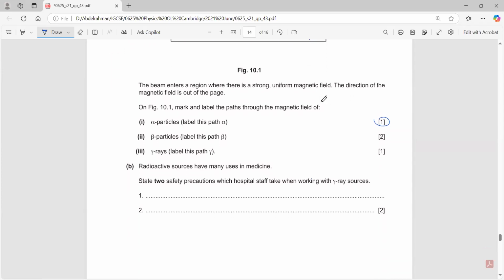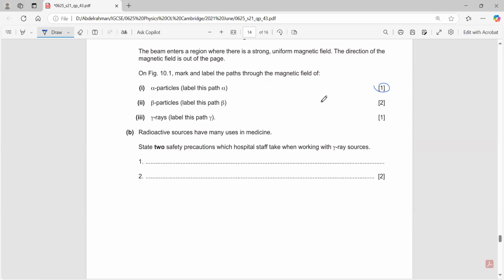Radioactive sources have many uses in medicine. State two safety precautions which hospital staff take when working with gamma sources. We have several safety precautions. What are some of the most important? First of all, you need to use a protective barrier. Second, you need to decrease the time of exposure. You need to keep a large distance.